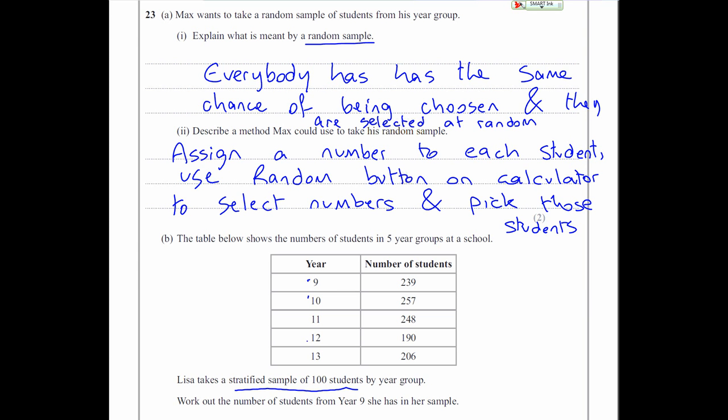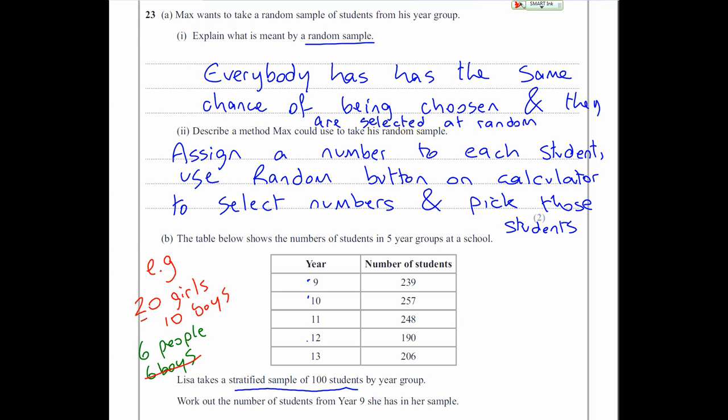Stratified sample, what it means is, say you had 20 girls and 10 boys. If you want a stratified sample of, say, 6 people, it's not fair to pick 6 boys, because it doesn't represent what you had originally.